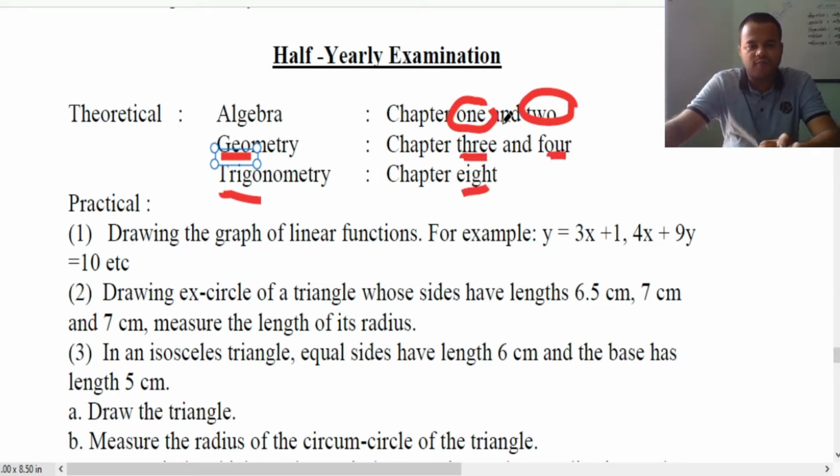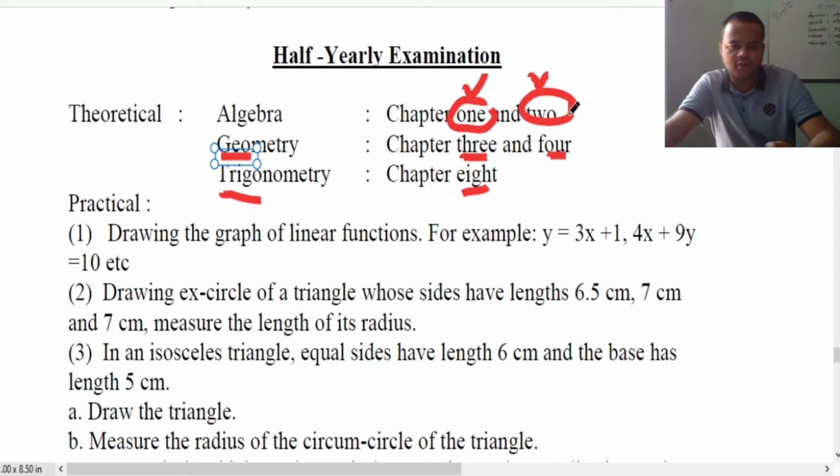From these chapters, we have completed chapter 1, and one part from chapter 2, that is, partial fractions. In geometry, I have started chapter 3, but we couldn't complete that. And we also have chapter 4.